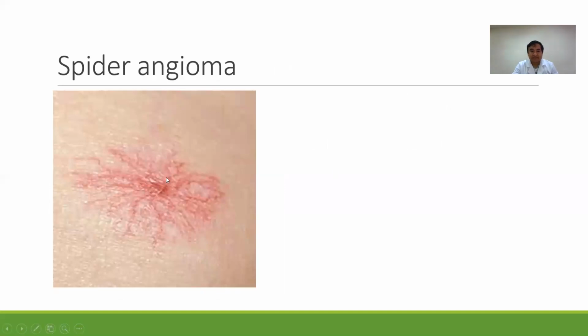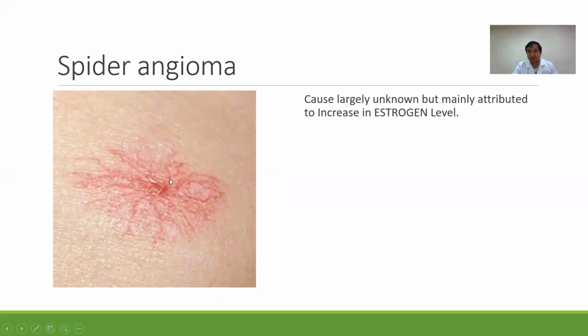Okay, this is the spider angioma, also called the spider nevus. So where do you see it? Usually you will see this type of stigmata in the territory of the superior vena cava. Just in the upper part of the thorax, you will see small spider web shaped enlargement of the capillaries, especially arterioles.